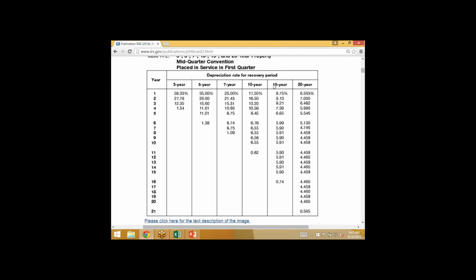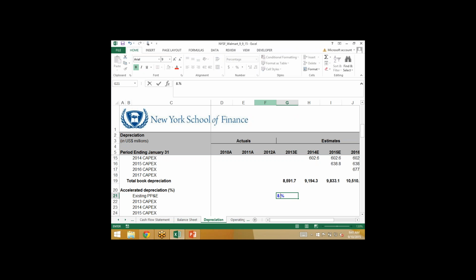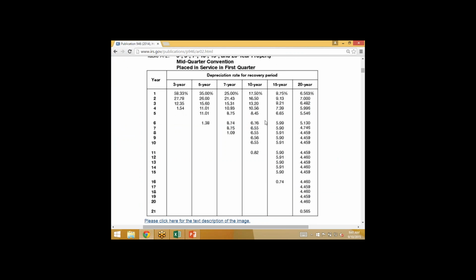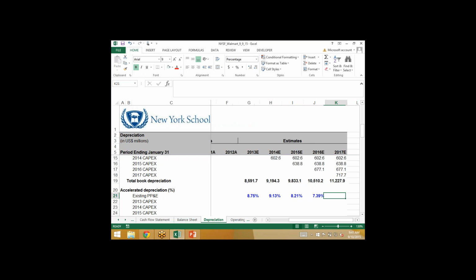For now, we will hard code in those 15-year percentages: 8.75%, 9.13%, 8.21, 7.39, 6.65.